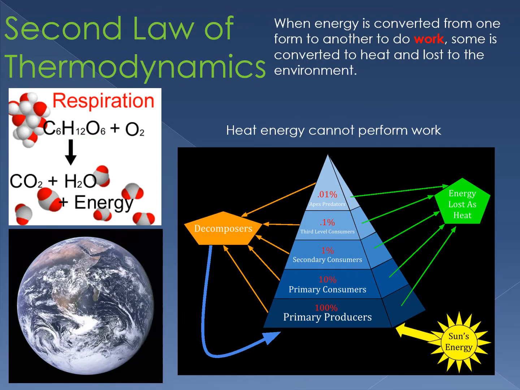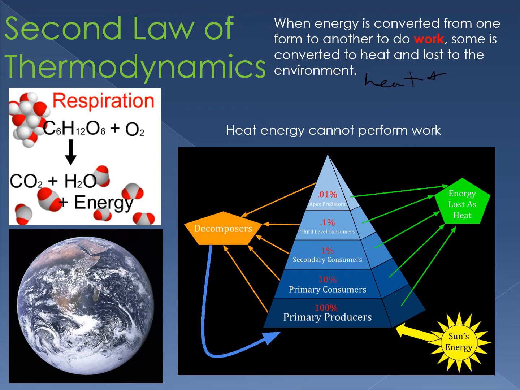Okay, the second law of thermodynamics is as follows. When energy is converted from one form to another to do work, some is converted to heat and is lost to the environment. One other thing that we can think about when we think about heat, I'm going to write heat right here.